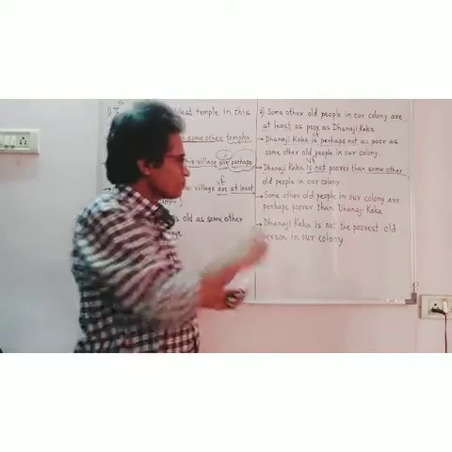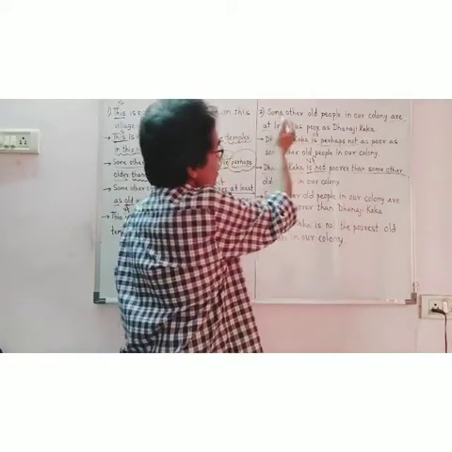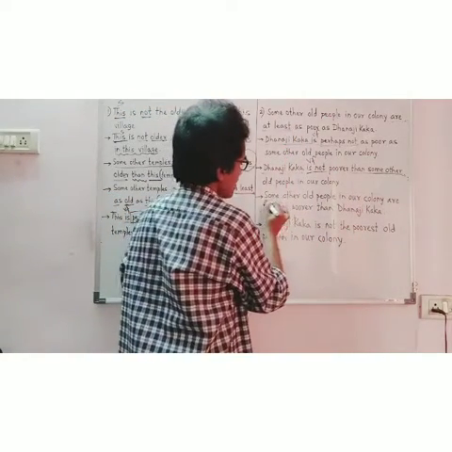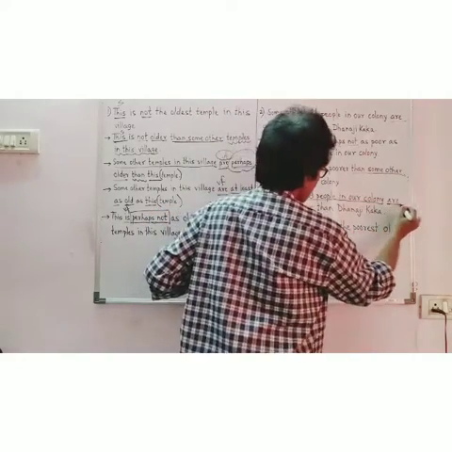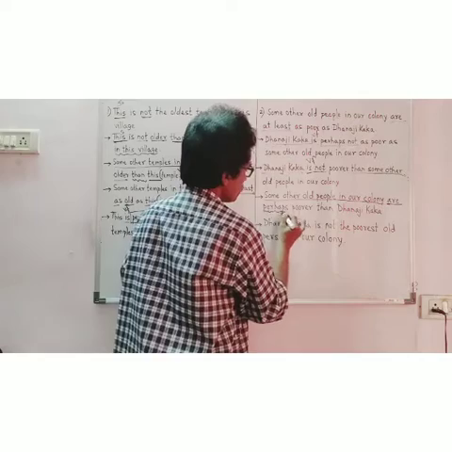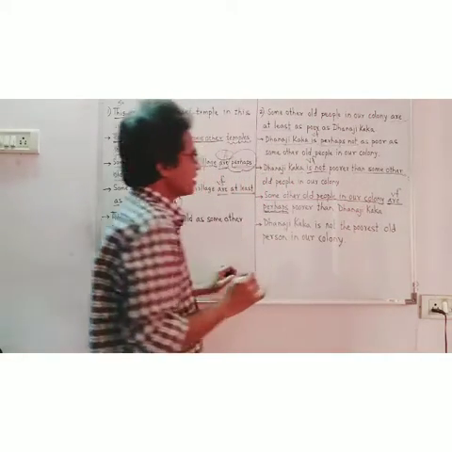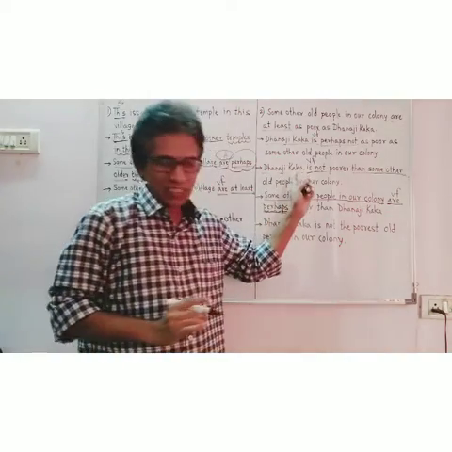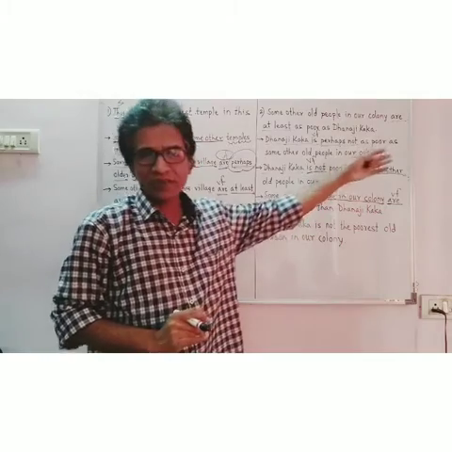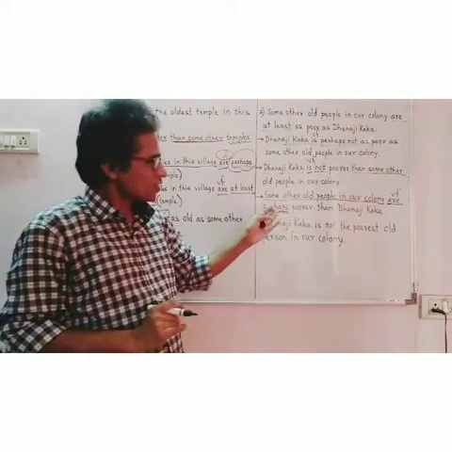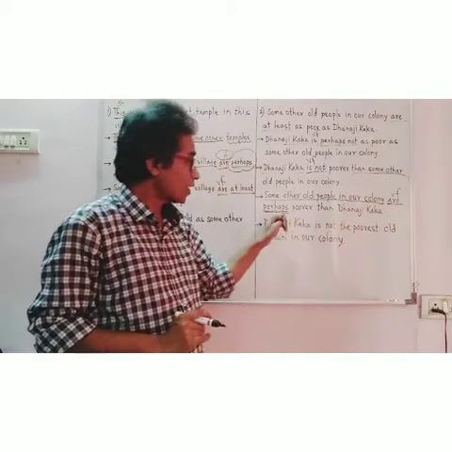And here, beginning with object or the given subject: Some other old people in our colony are... This word you should note down. After verb form, perhaps comes. In one comparative degree form, after verb, not comes, then some other comes. In the other comparative degree form, after verb form, perhaps comes.